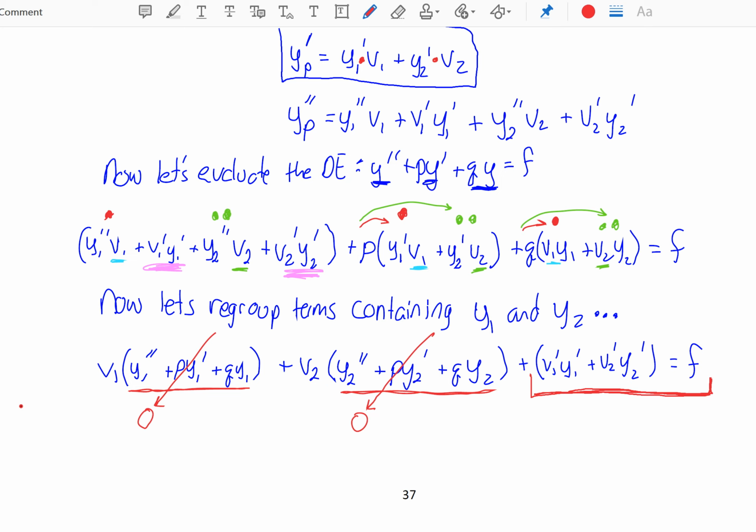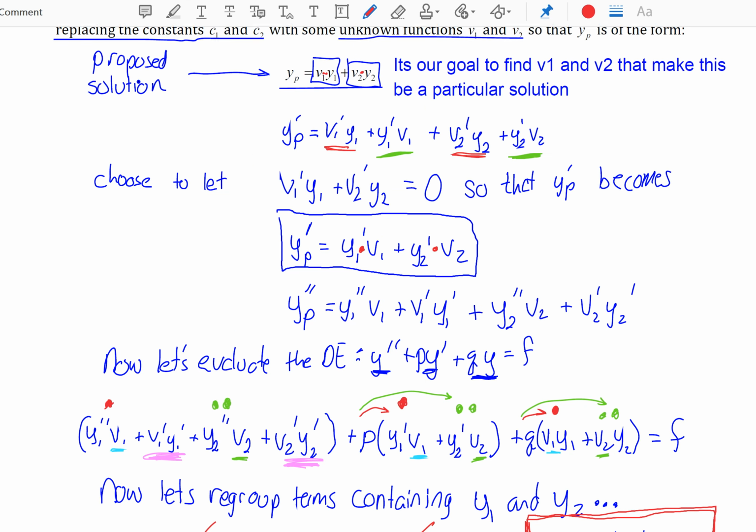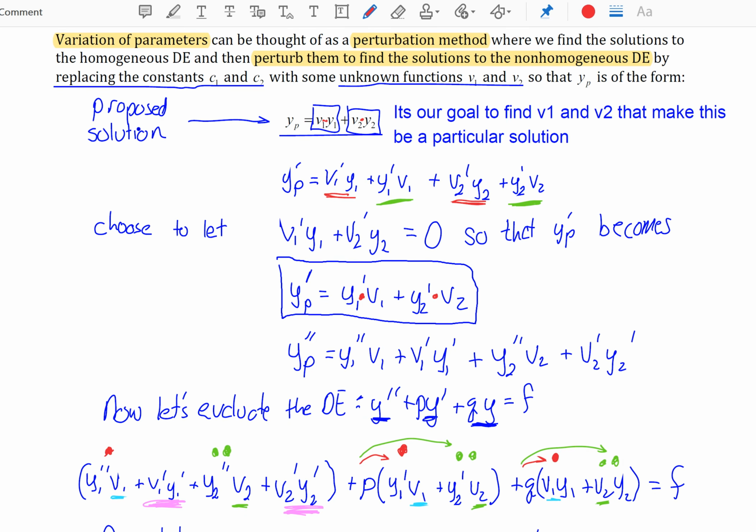Now from here, I want to write a system of equations. My system of equations will contain this equation and our initial proposed particular solution.